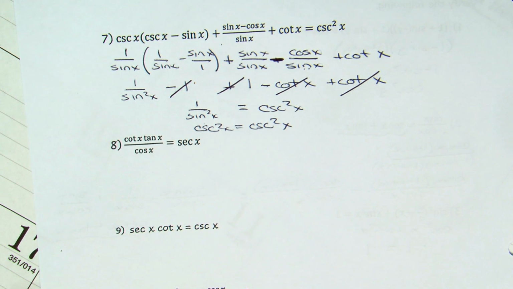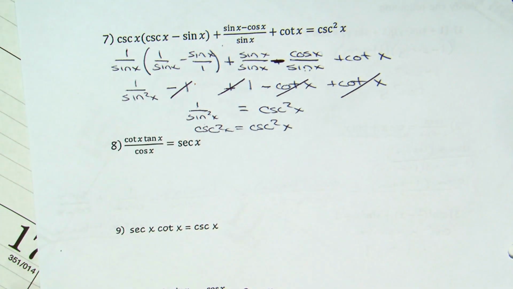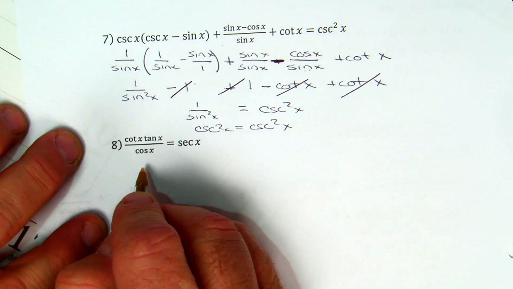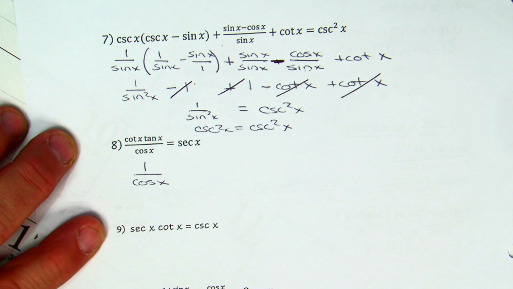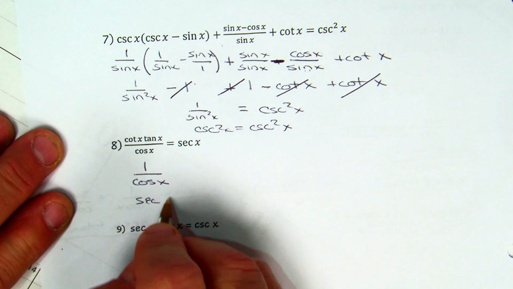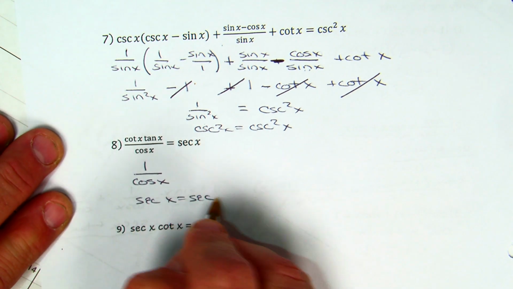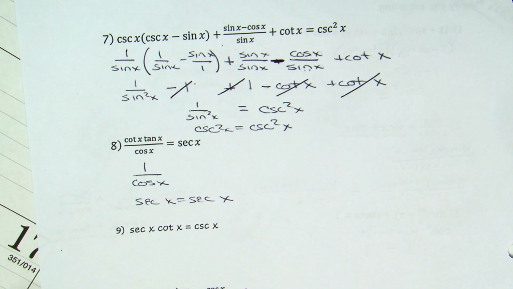Okay? Cotangent and tangent are inverses of each other. So what are they going to do? Cancel out. Give you 1 over cosine x. What is 1 over cosine x equivalent to? Secant x. Boom, we're done. God bless.